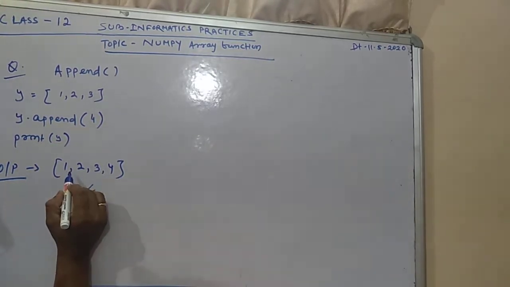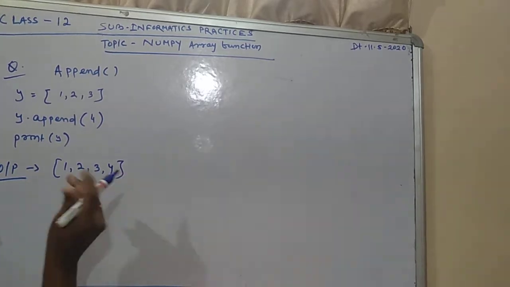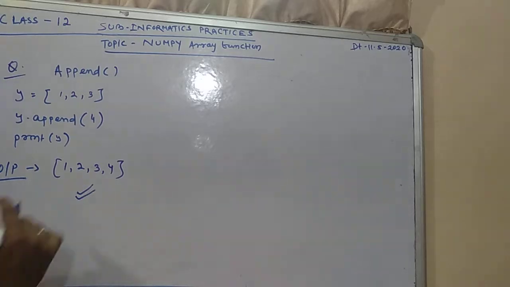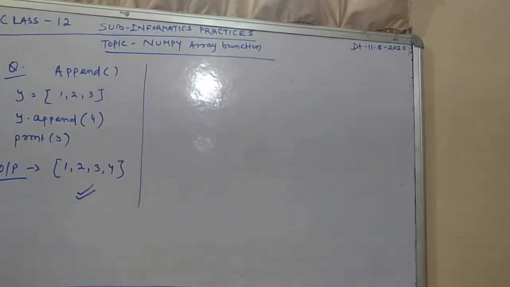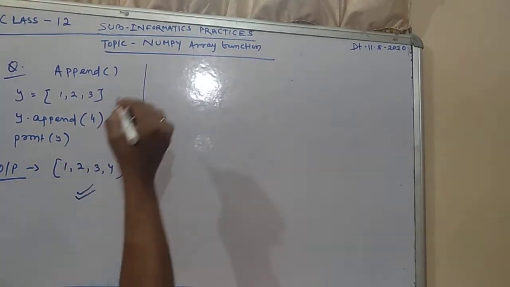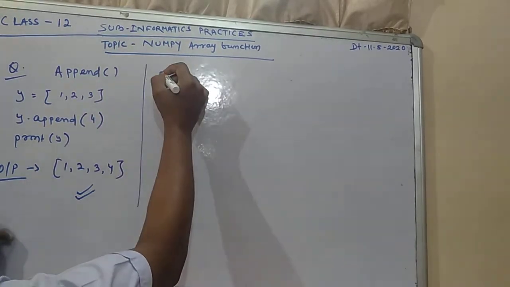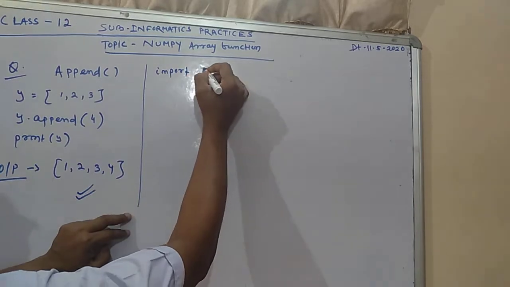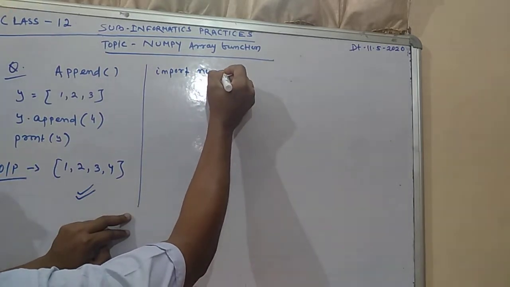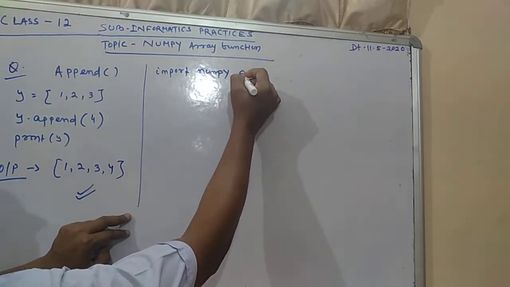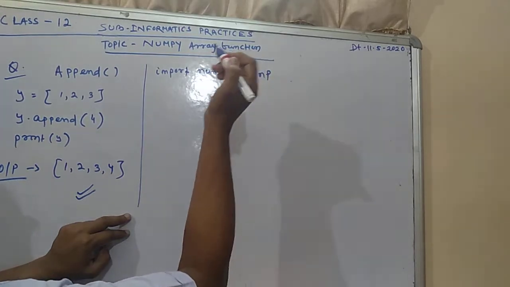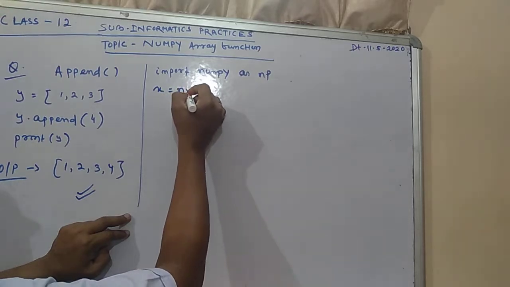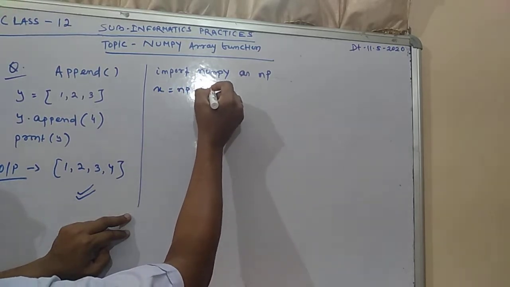Always try to understand: in a list the separator comma is used, and in an array no separator is used. But in case of an array, if you try to use append, what will we see? Import numpy as np, which you write everywhere while starting with arrays, and I am writing here x equal to np dot array.